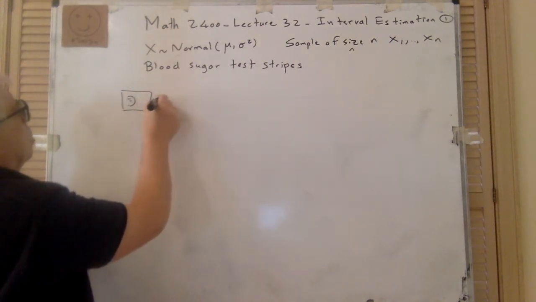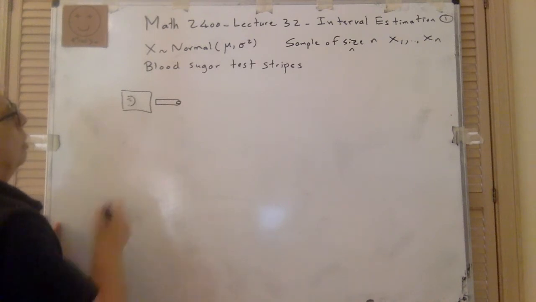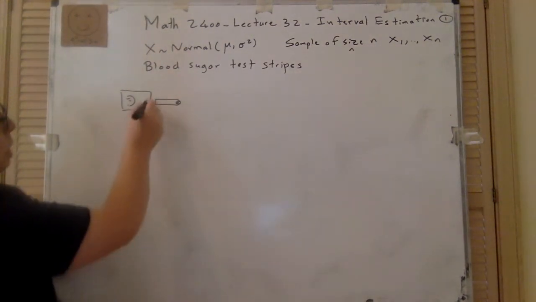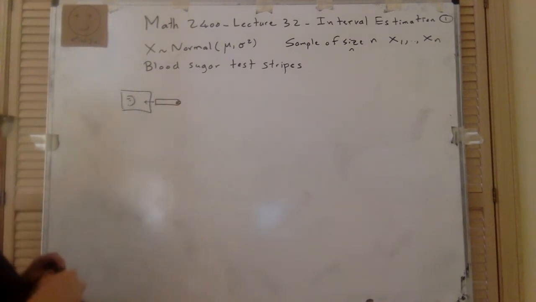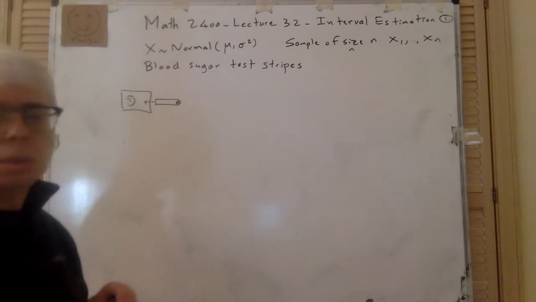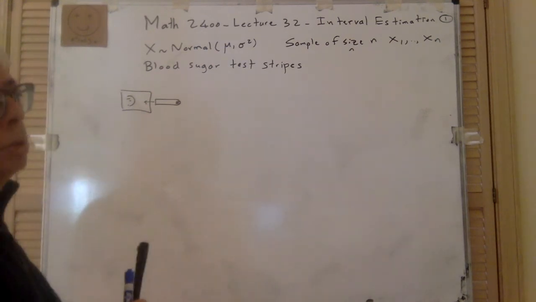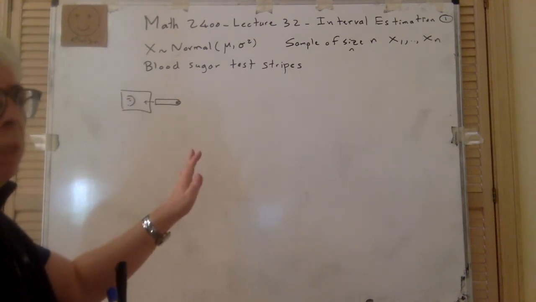There's a stripe that goes inside, and the stripe has an area where the blood goes. When you insert it, it reads the amount of sugar in this small portion, and then tells you that your blood sugar is 95. Well, I don't care what that 95 means.